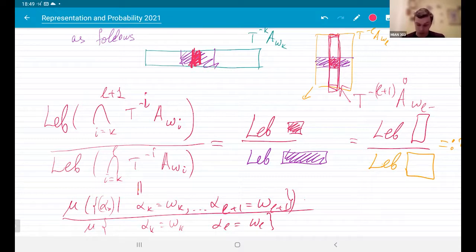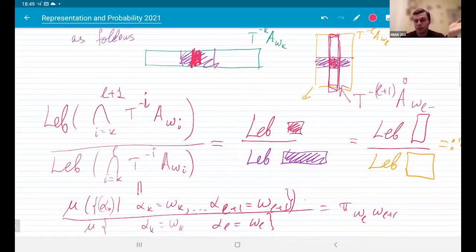Then this ratio is just pi omega L plus 1, which means that when you add one additional condition on the right, you just multiply the probability by this element of the matrix, and therefore this is a Markov measure.